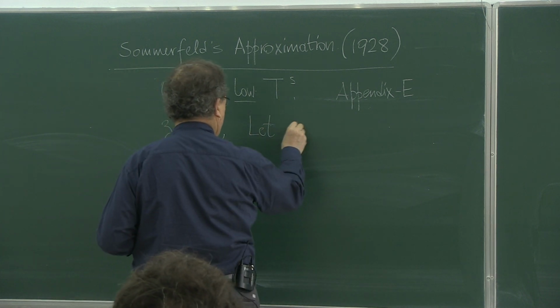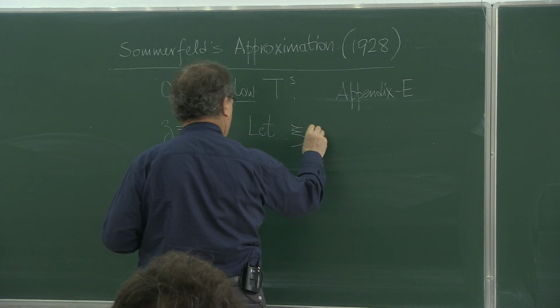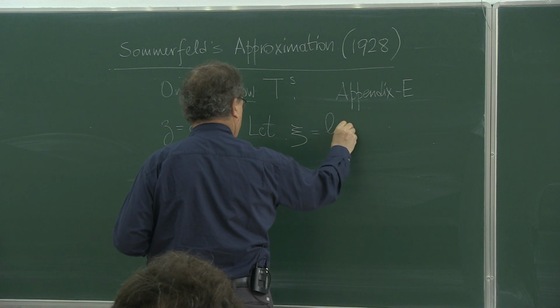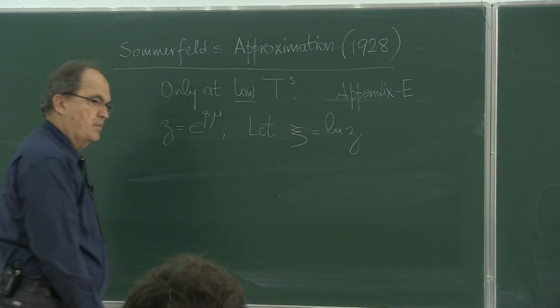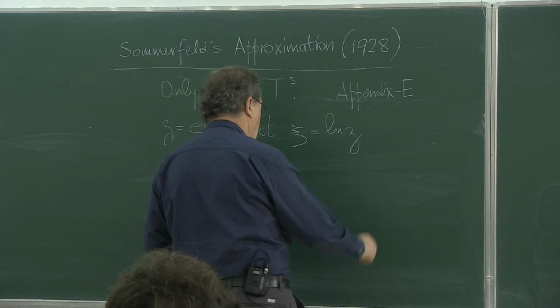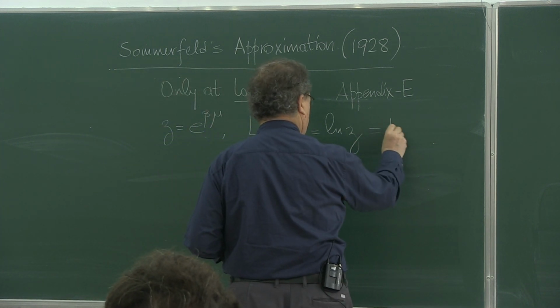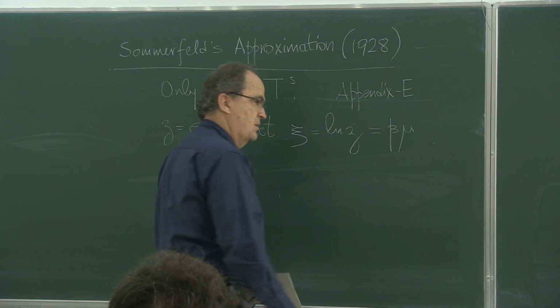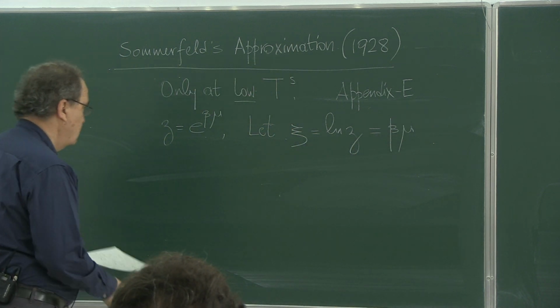let us define a new variable, ln of fugacity, which is beta mu, a temperature dependent quantity.